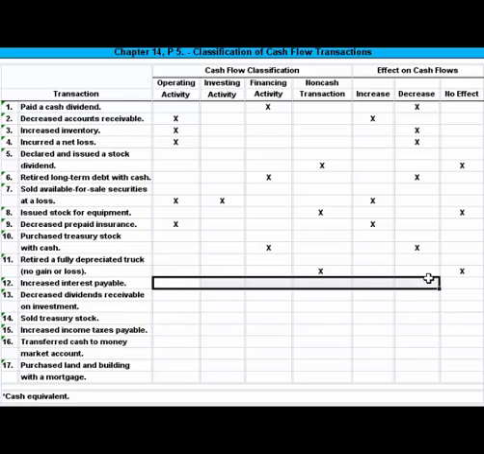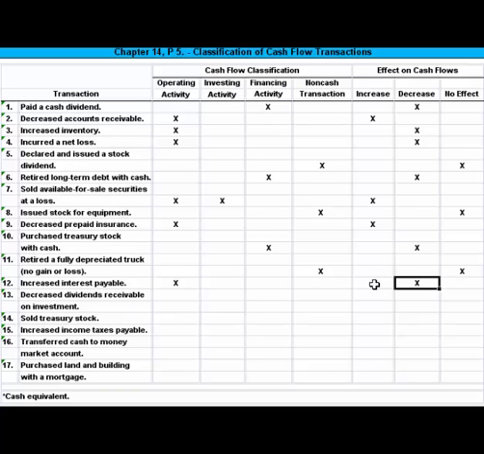Increasing interest payable. Okay, we're increasing a liability. Now, because it's a current liability, the assumption is the interest payable relates to the ongoing main operation, so it's an operating activity, just like all working capital accounts. And an increase in a liability has, they're saying it has a decreased effect on cash flow, but that's not true.